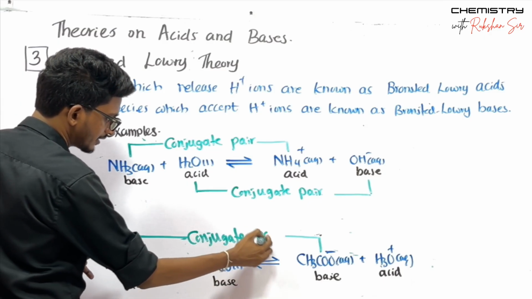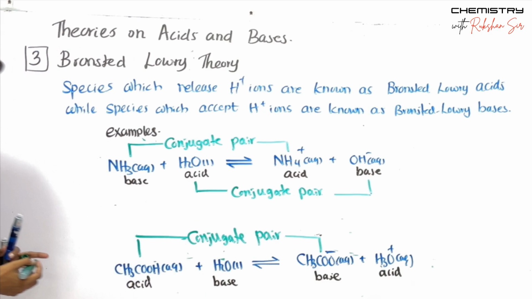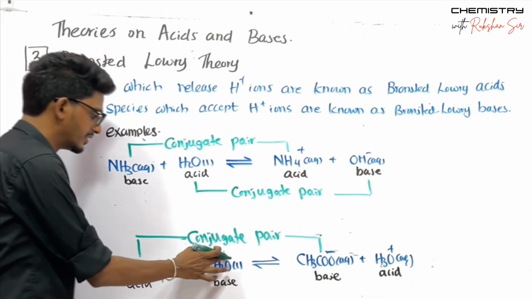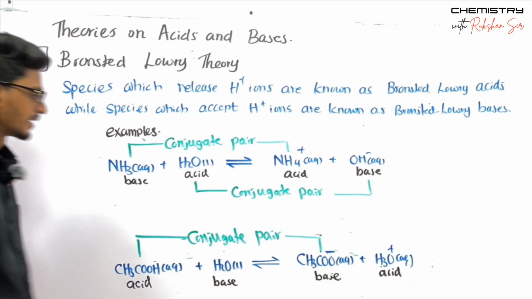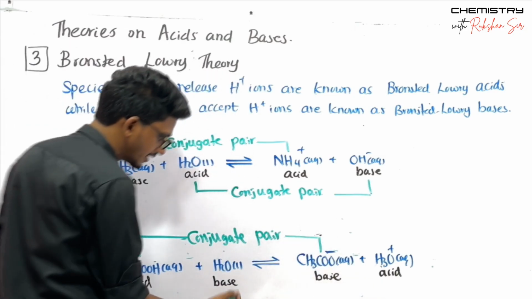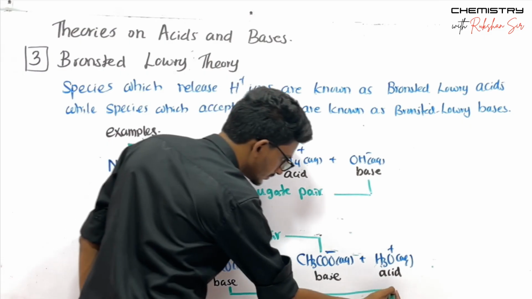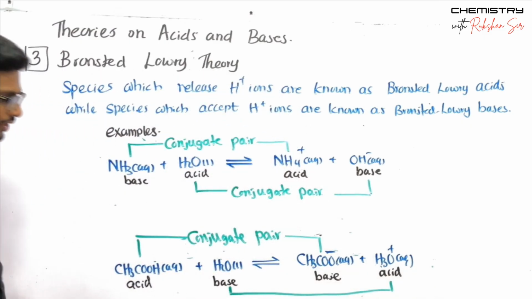If only a H plus difference appears between the pair of species, such a pair can be referred to as a conjugate pair, even these two.